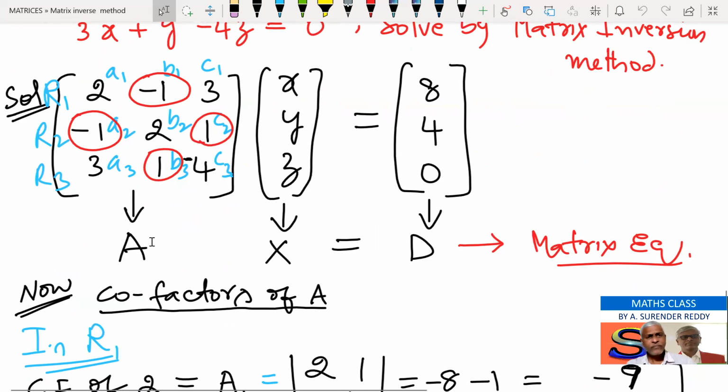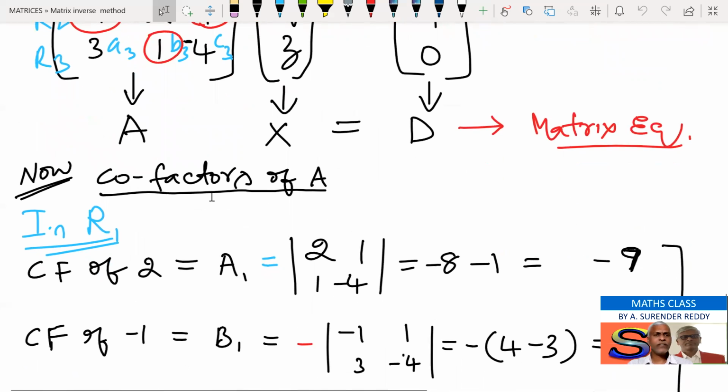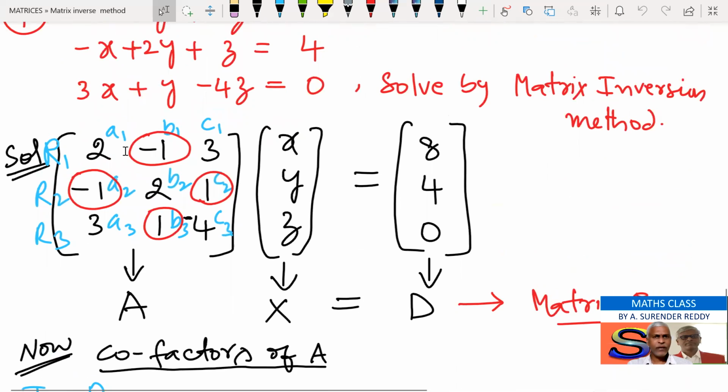So first, the coefficient matrix A. Let us consider this as a1, b1, c1, a2, b2, c2, a3, b3, c3. The cofactor of small a1 will be capital A1, cofactor of small b1, capital B1, cofactor of small c1, capital C1, and in the second row, small a2 cofactor capital A2, small b2 cofactor capital B2, small c2, like that.